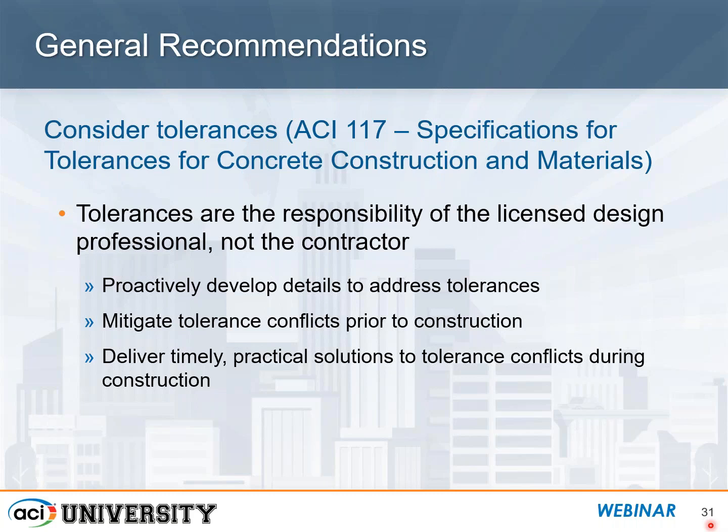It's stated in numerous places that tolerances are the responsibility of the licensed design professional and not the contractor. Nobody knows the structure better than the licensed design professional, and they're responsible for tolerances. So any details that are developed for a project should address tolerances wherever applicable. Also, the licensed design professional should try to mitigate tolerance conflicts prior to construction.